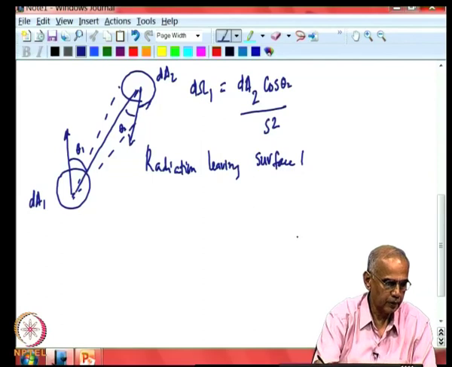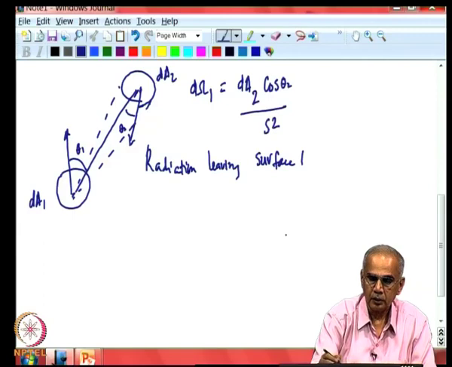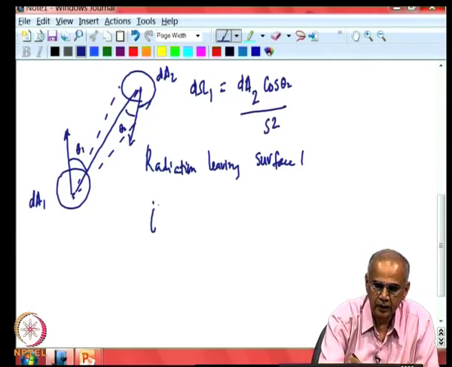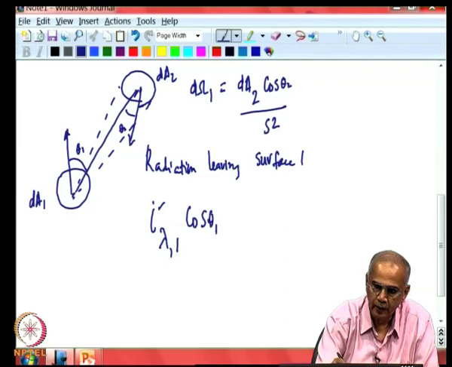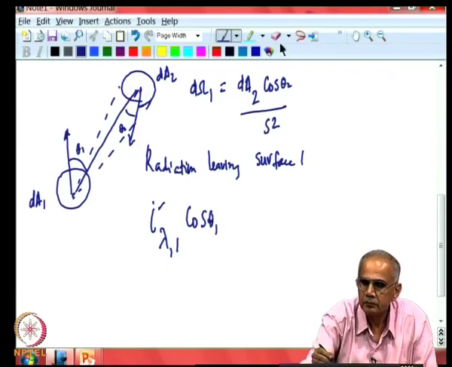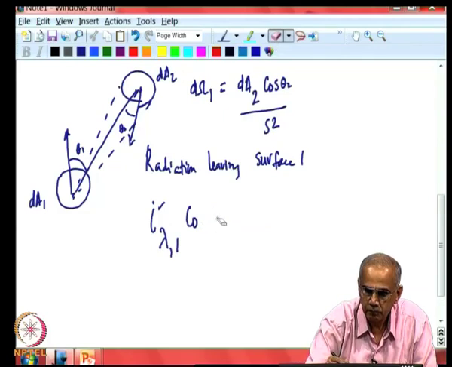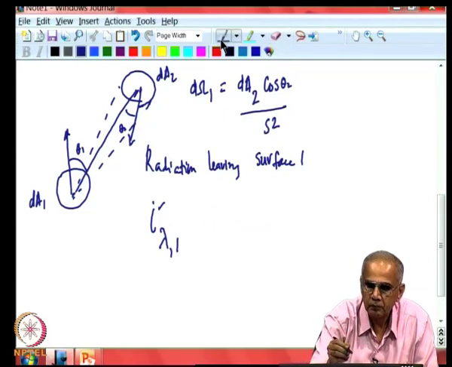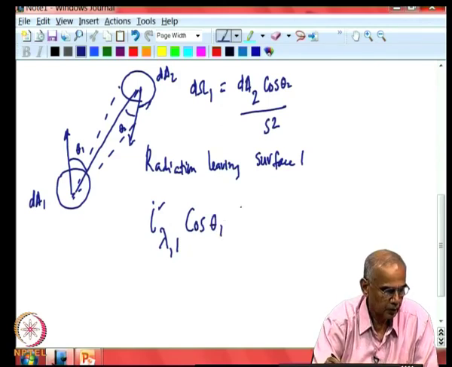From the definition of intensity, it is I prime lambda 1 dA 1 cos theta 1 d omega 1 d lambda.